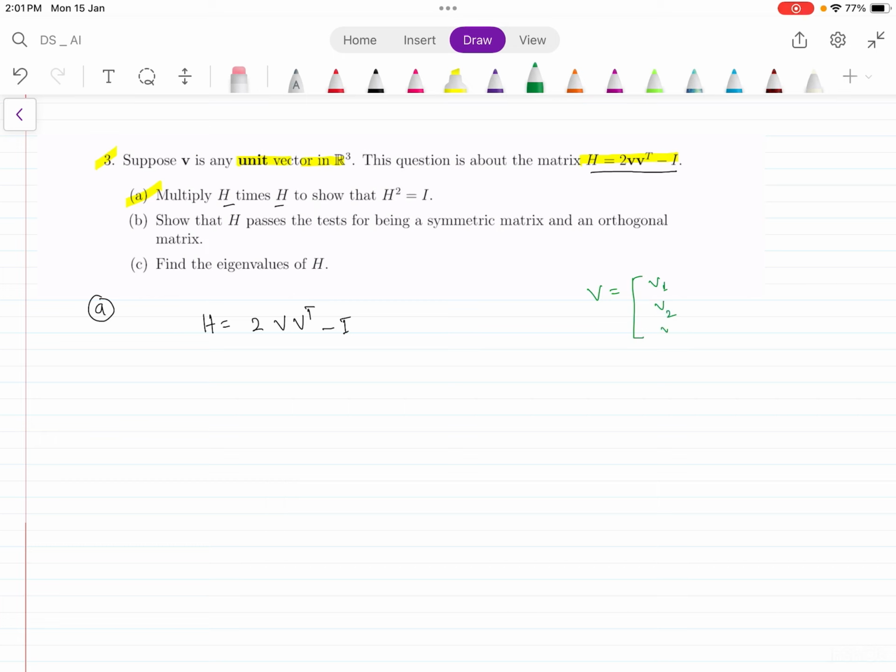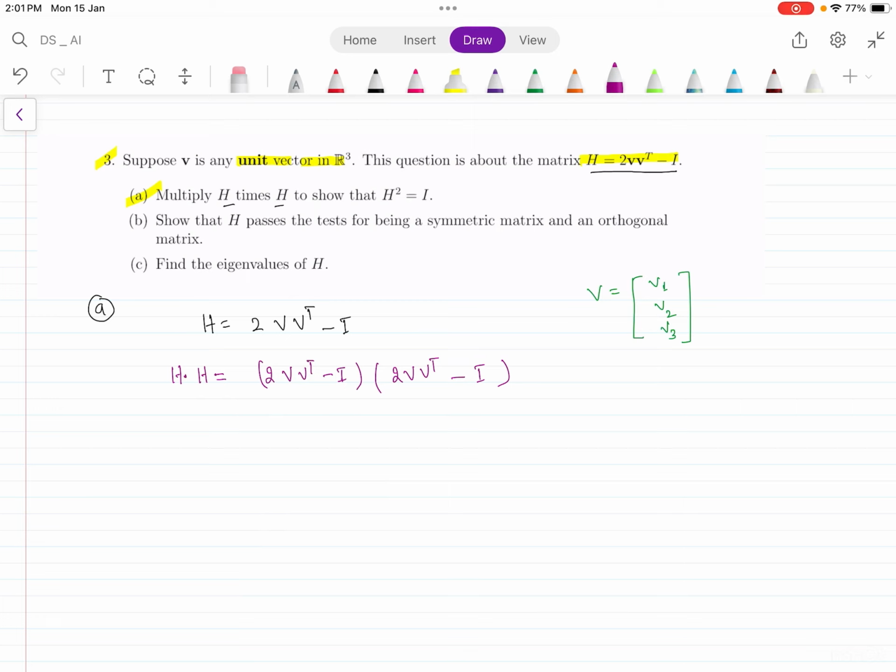Let's assume that is v1, v2 and v3. Now we can multiply H by H, and again the same thing here, that is 2 v v transpose minus I, that is the first H, and 2 v v transpose minus I, this is the second H, right?